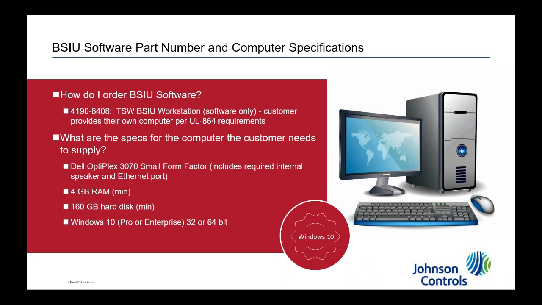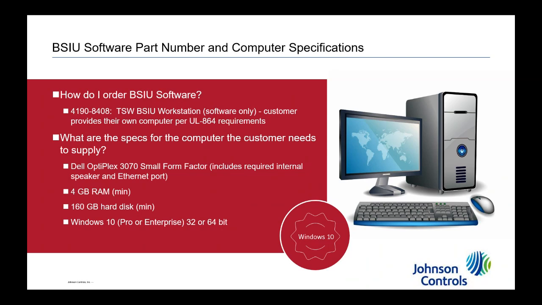So how do I order a BSIU? Well, because the product line is so much simpler, it's one part number. It's simply the TSW software itself that is the only item that needs to be ordered. As far as the computer that's required, I know we talked about UL listings, but the UL listings that apply to the BSIU are just your ordinary everyday listings that you'll find on a commercial PC.